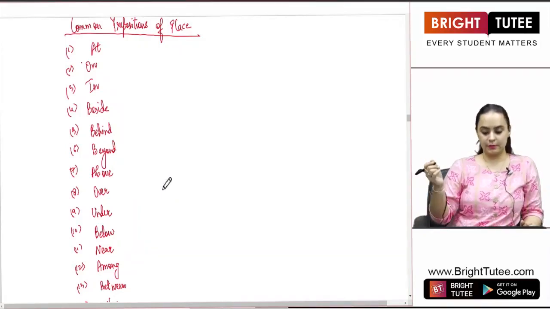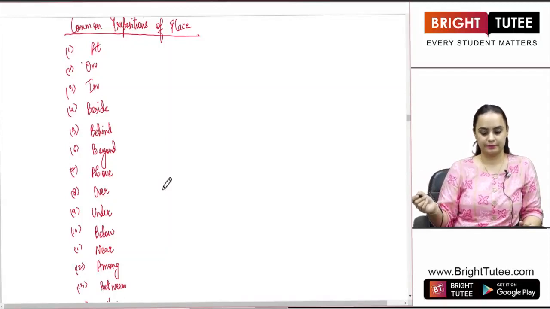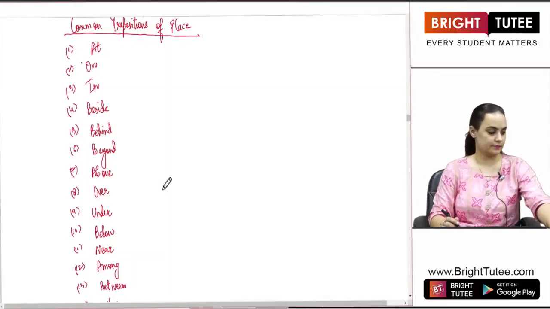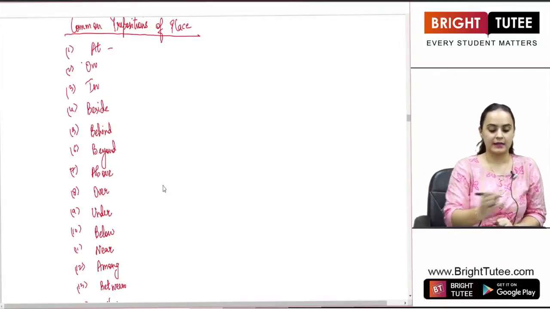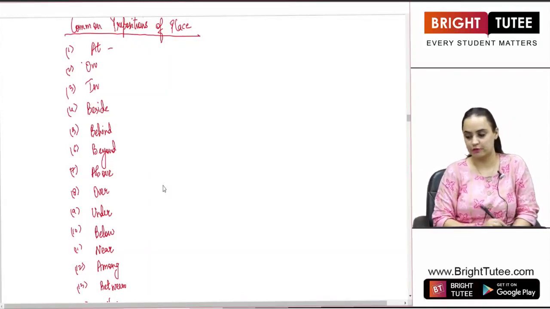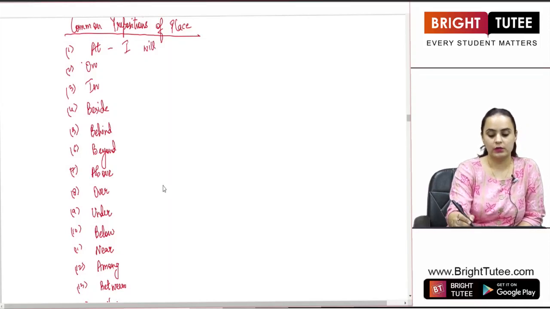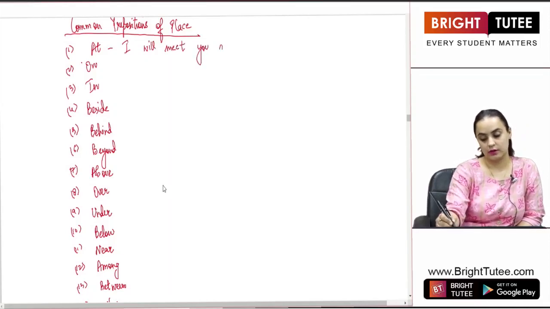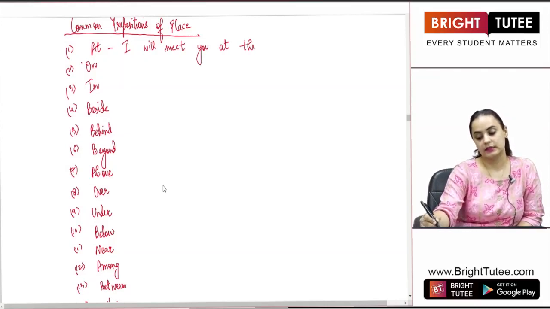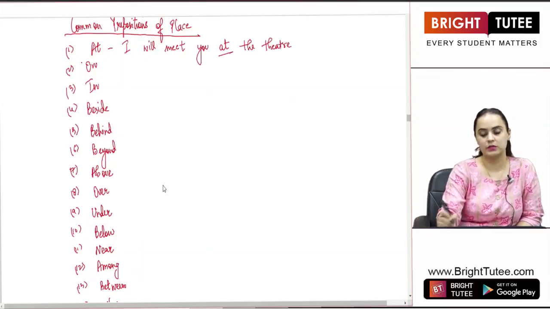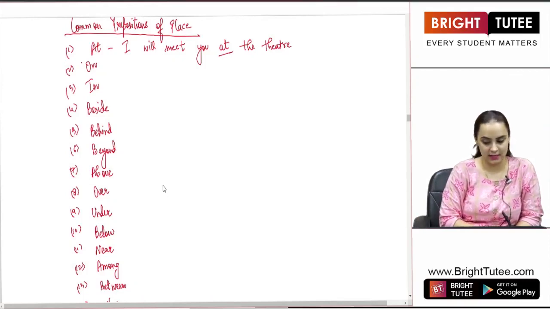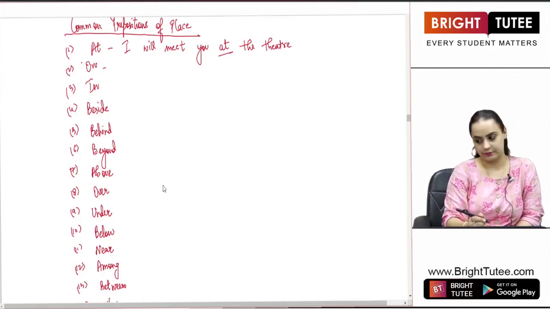Okay, so prepositions of place. At. The first preposition of place is at. So I will meet you at the theater. So where am I going to meet you? At the theater. On.